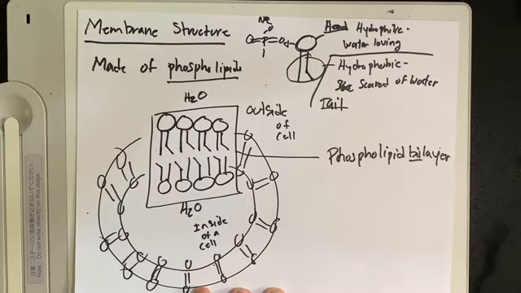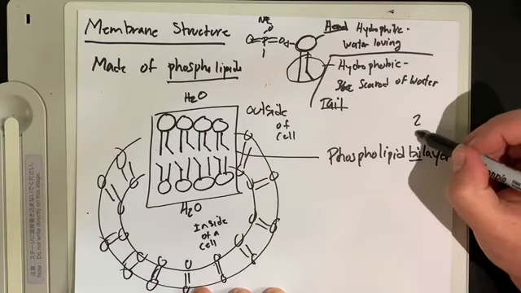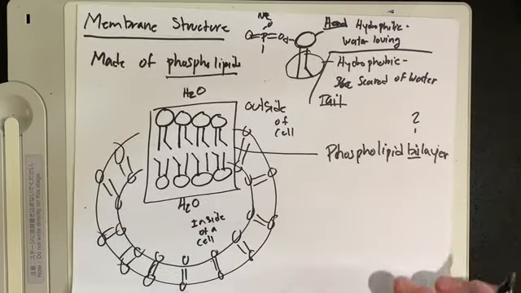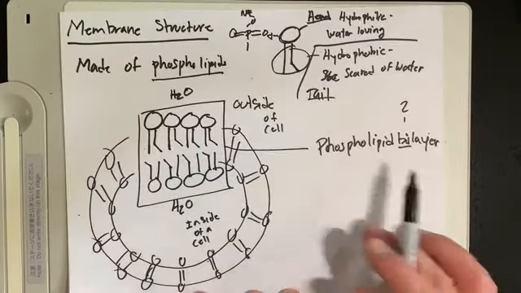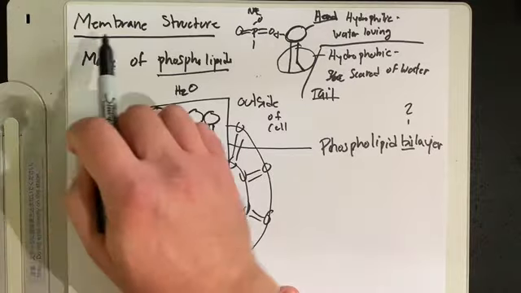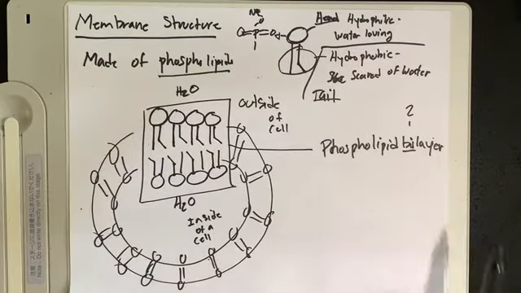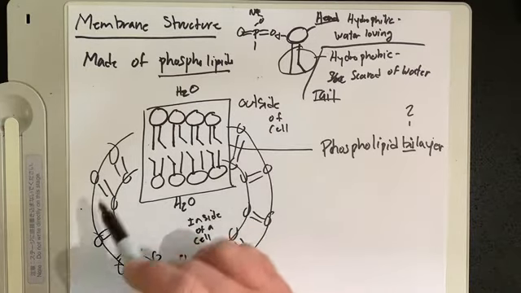Now the word bi means two. All right, so we have two layers of phospholipids that now create this membrane structure for our cells. Now, an interesting thing about it is this is just, like I said before, a pseudo membrane.